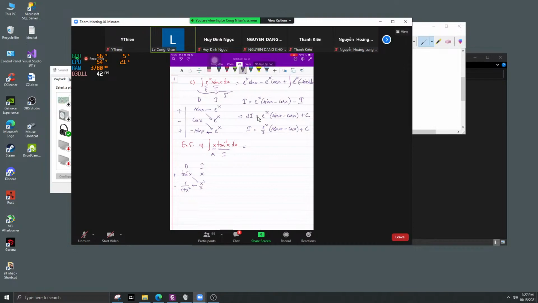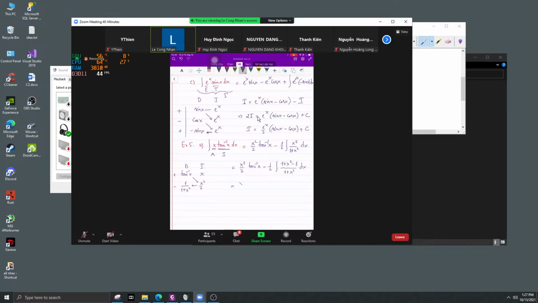More precisely, I can write out the result as x squared over 2 times the inverse function of x minus 1/2 integral of x squared over 1 plus x squared dx. For the second integral, I try again: here we have plus 1 and minus 1 in the numerator, 1 plus x squared minus 1.